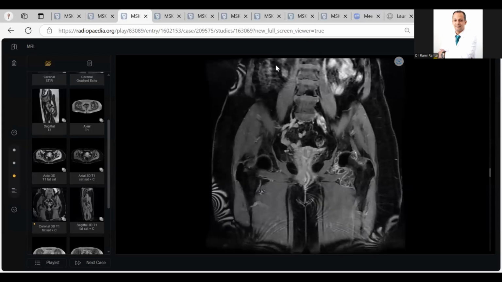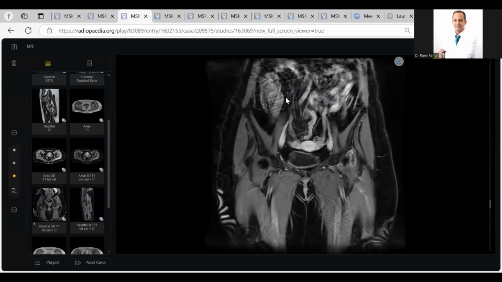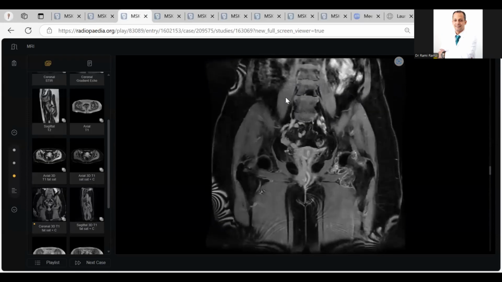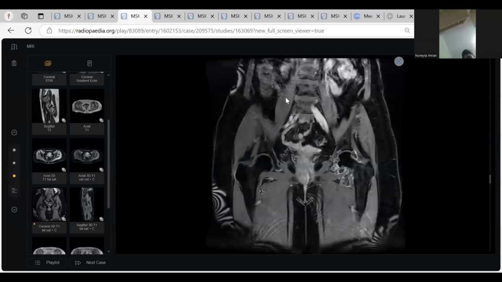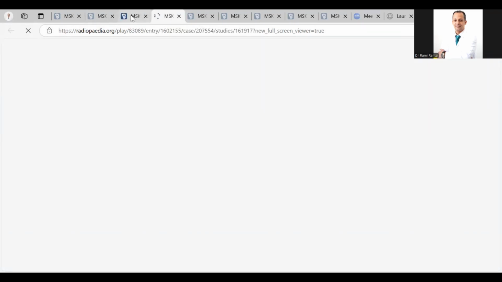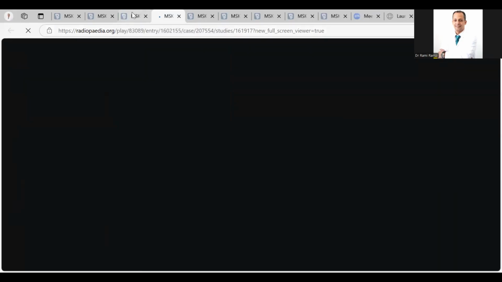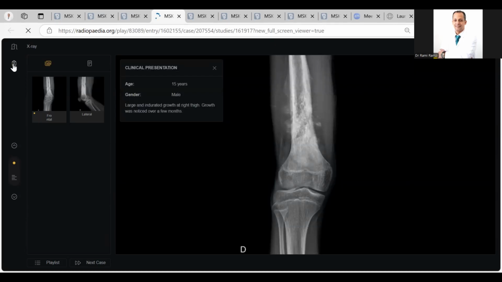PVNS, pigmented villonodular synovitis, could be one possibility. What will you do next? I would compare with the previous one and would refer the case to the orthopedic MDT for discussion and further management.